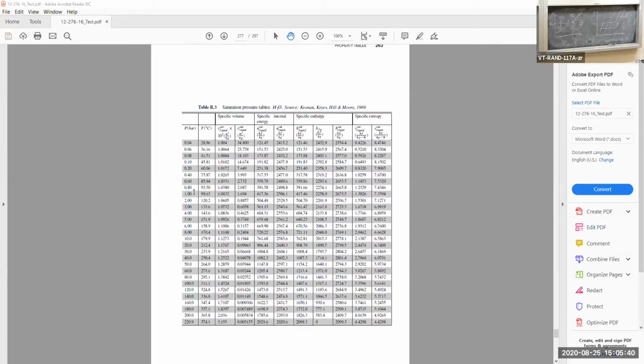I'm not quite sure if it's that low, but let's say P2 is 0.8 bar. Then it would boil at 93.5 degrees C.